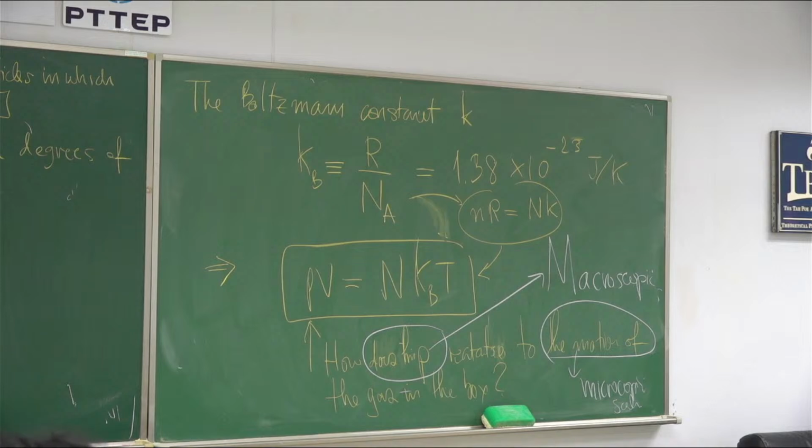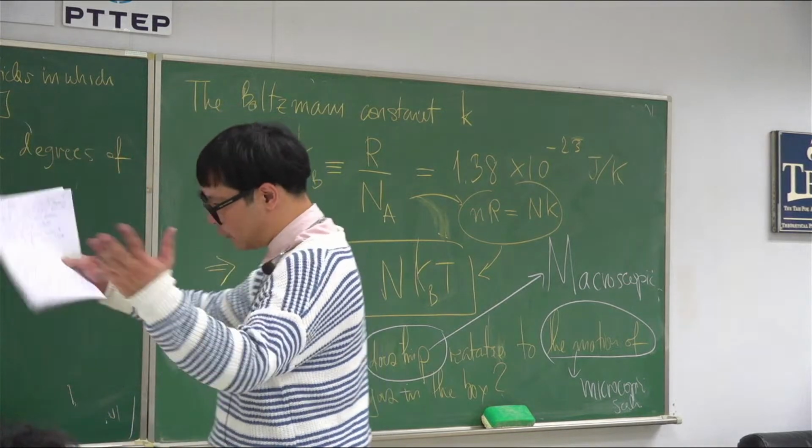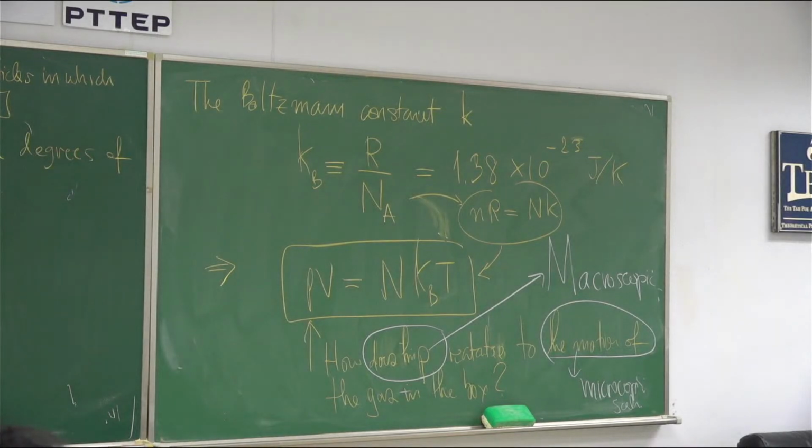All right, and then after that, we're going to look at the real gas, right? Because today we're talking about the ideal gas. I hope that you learned this in your high school, right? Okay.